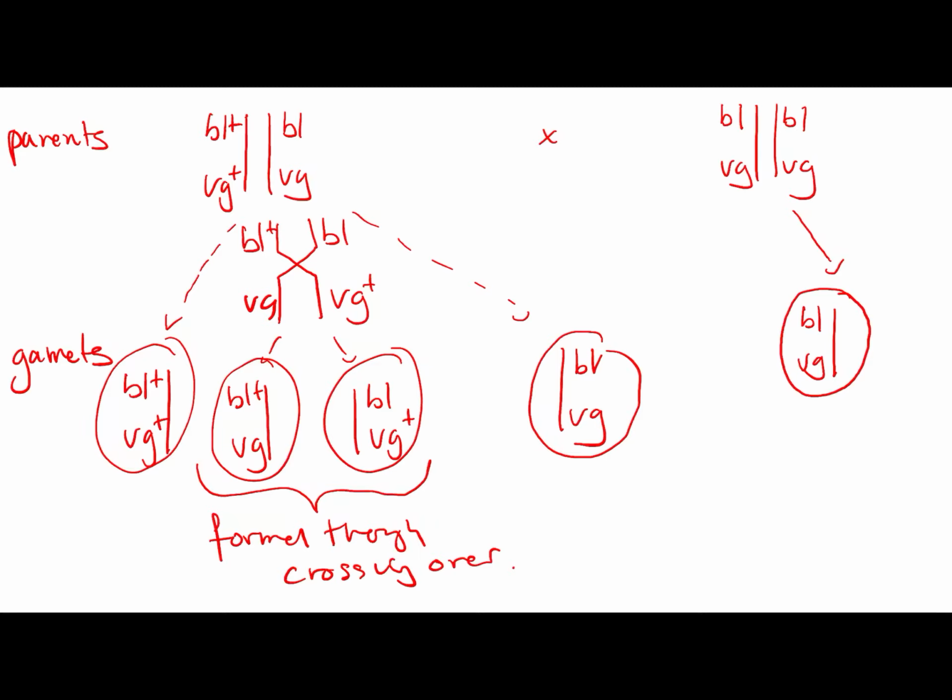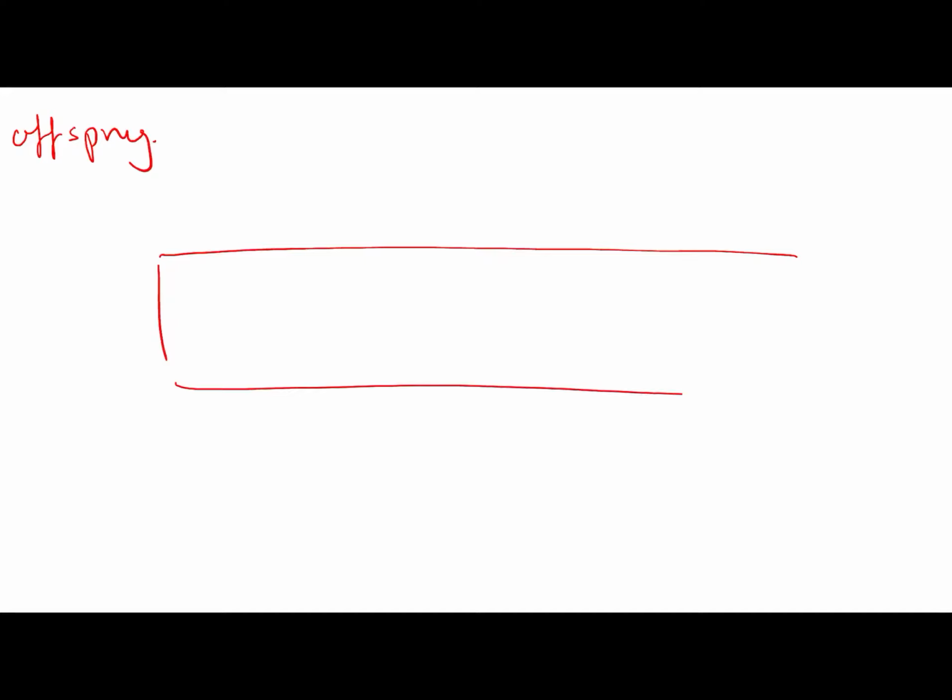Okay, so we can put this now into a Punnett square, and because it's a test cross, we just need a skinny Punnett. So this is our offspring, and we've got just a 1x4 Punnett square, like this, and we can put this one here.